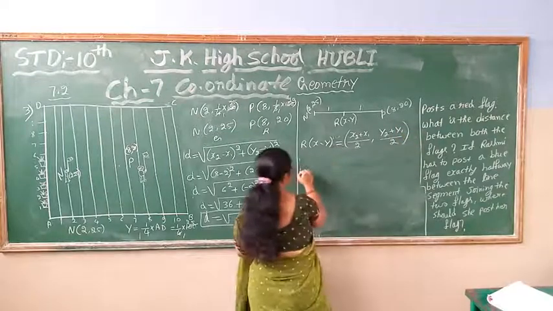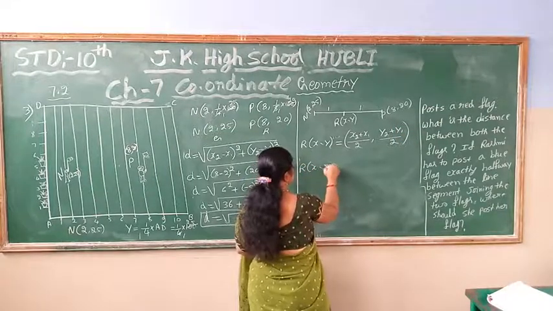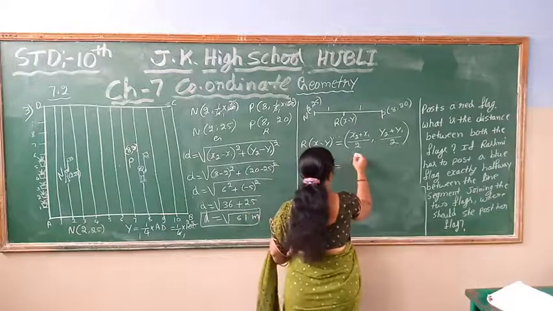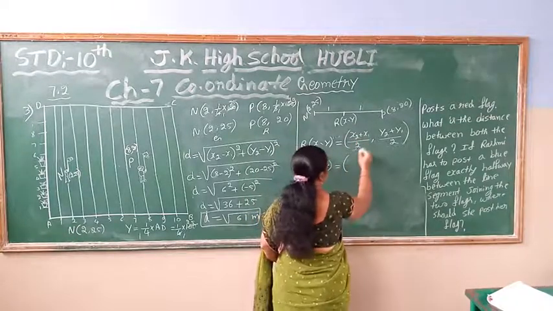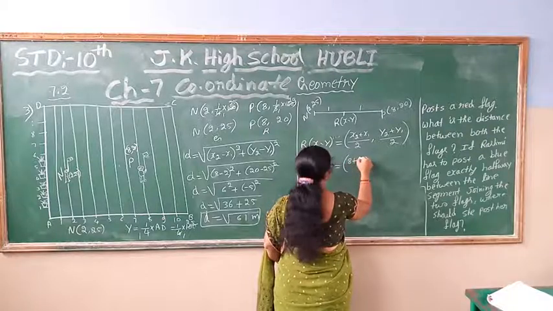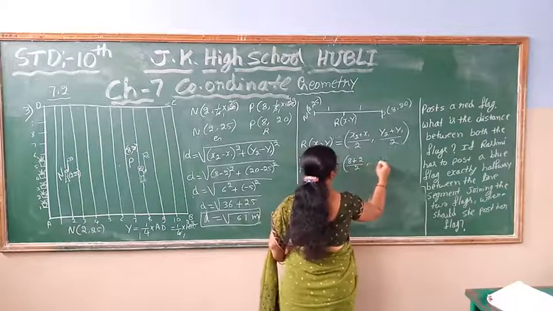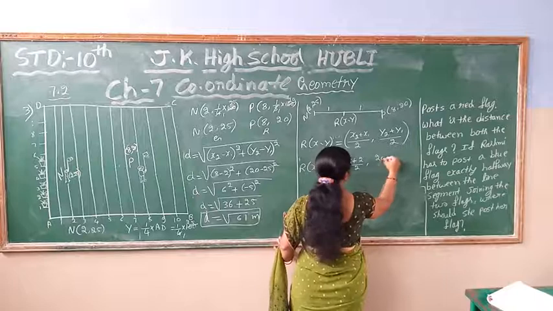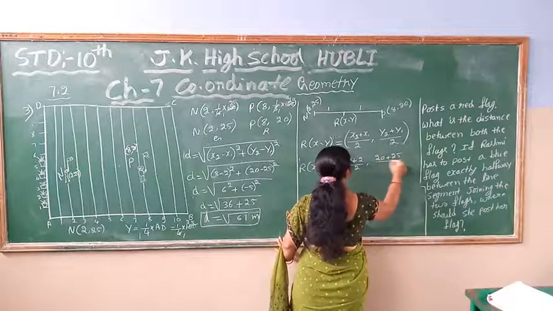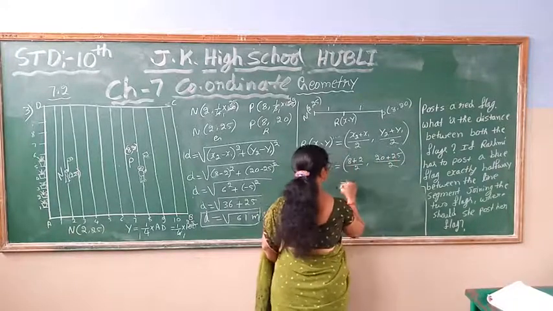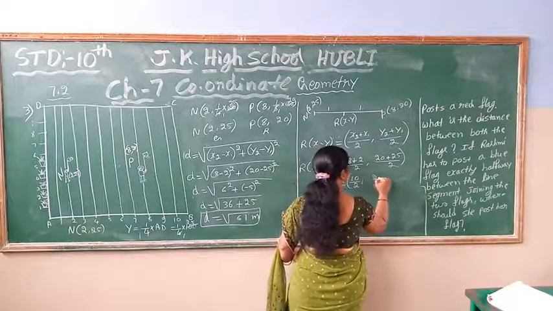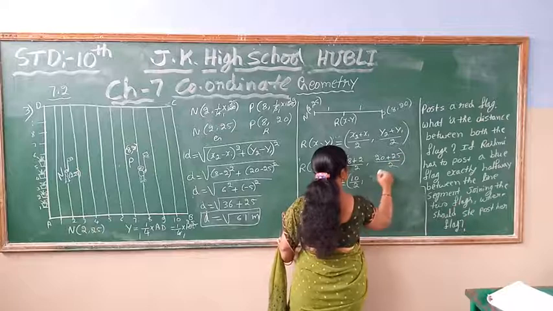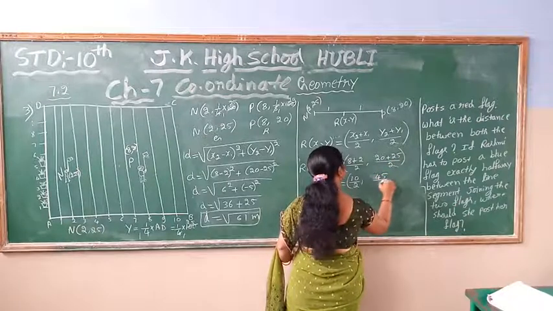Now substitute the values and find exactly where she can put the blue flag. x2 means 8, x1 is 2, by 2; y2 means 20, y1 means 25, by 2. So substitute and simplify to find the position where she can post the flag. 20 plus 25 is 45 by 2, children.